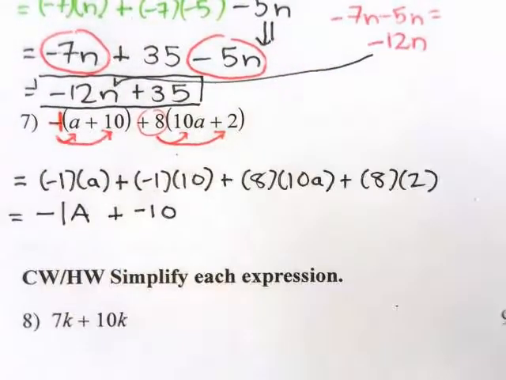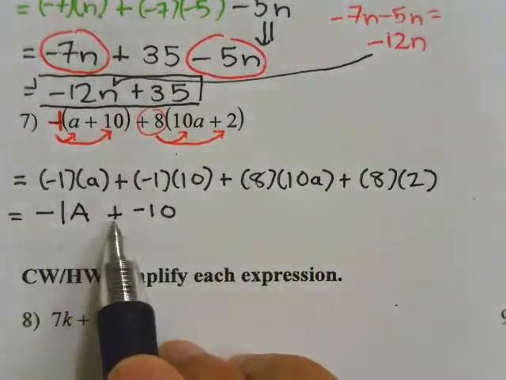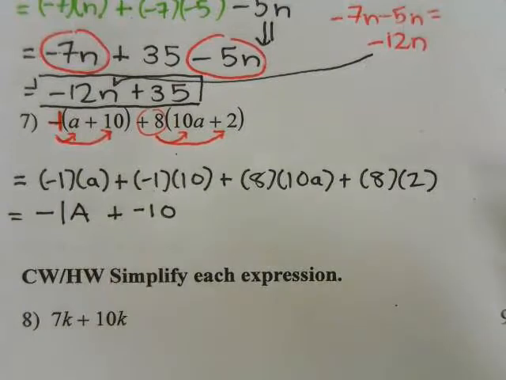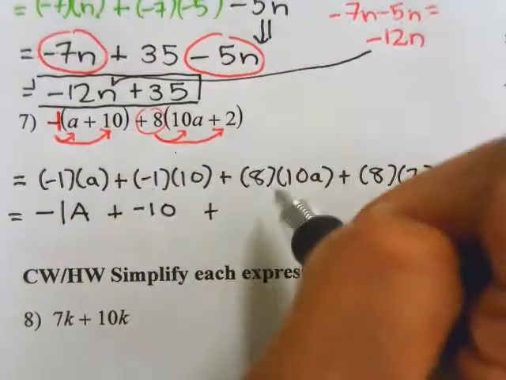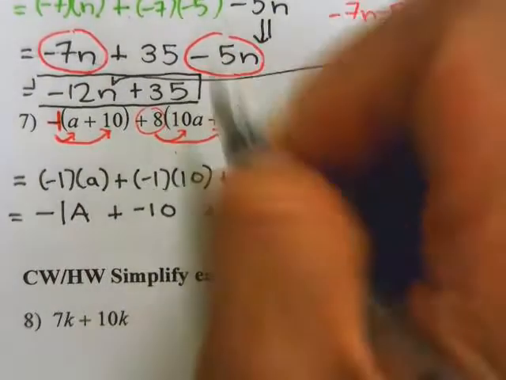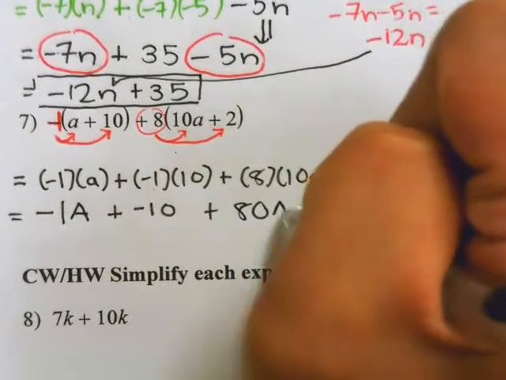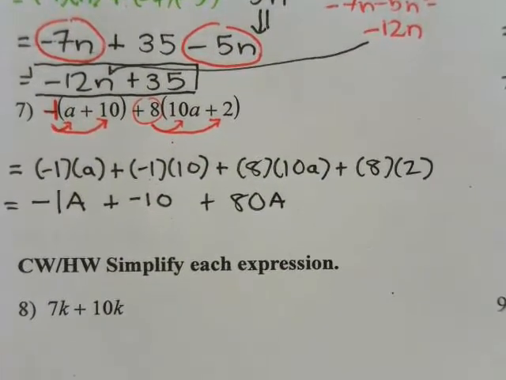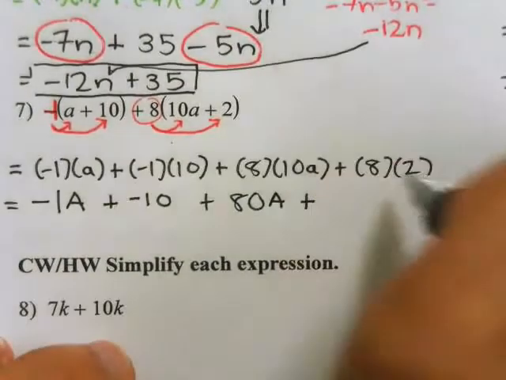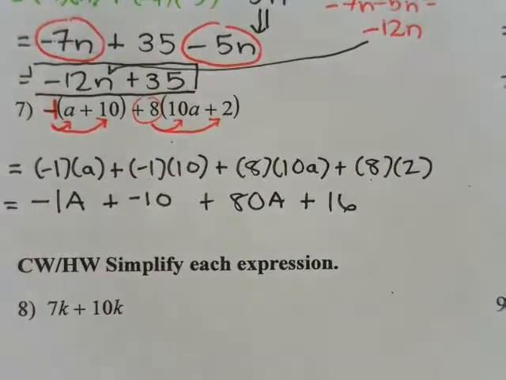You can write it like this too, or if you prefer, minus 10, that's okay. They're the same thing. Plus 8 times 10 is 80, and I'm going to put a capital letter A because I don't want to mistake it for a 9. And then plus 8 times 2 is 16.